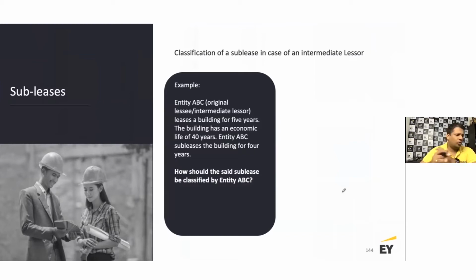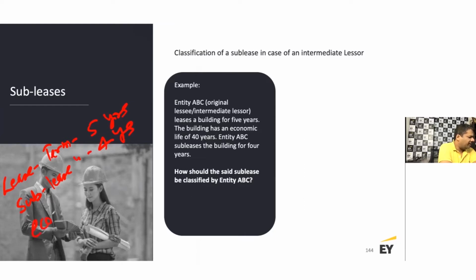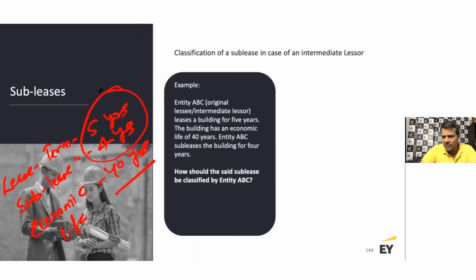I've leased it, lease term was 5 years, and I have subleased it, sublease term is 4 years, and the economic life of the building is 40 years. So the question here is: what is the classification of the sublease?